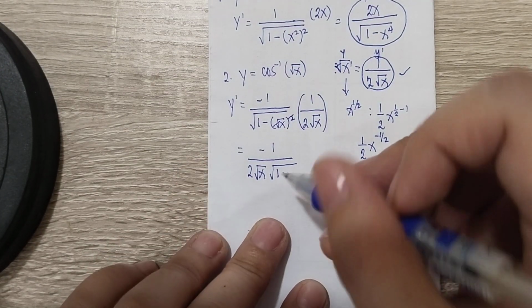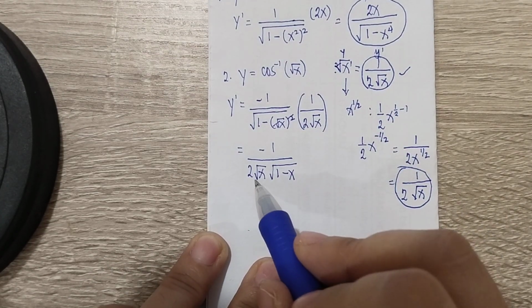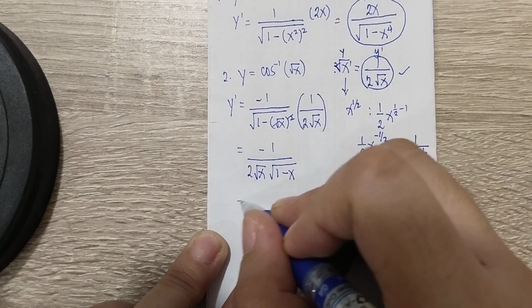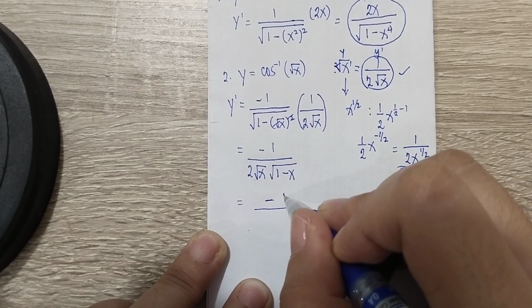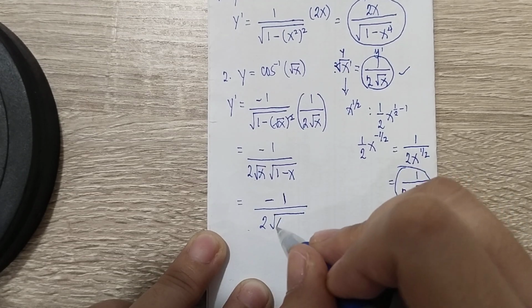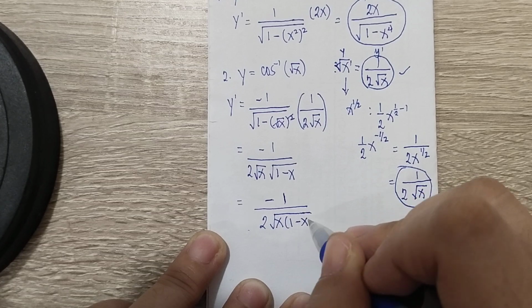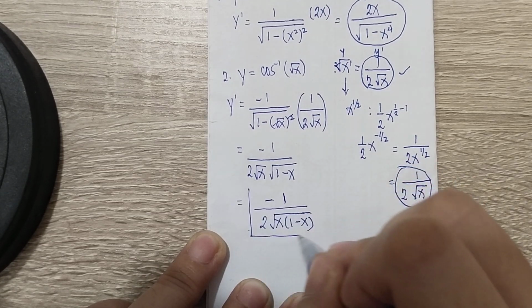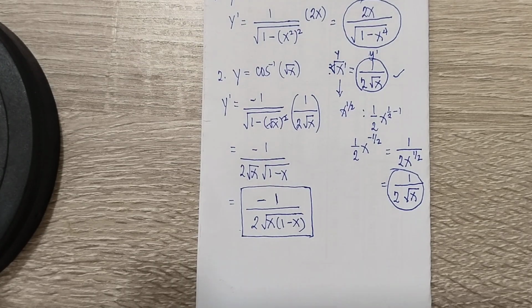Kasi square root of x na naka-squared, so 1 minus x na lang. So, since parehas sila square root, pwede pa natin silang pagsamahin. So, we have negative 1 all over 2 square root of x times the 1 minus x. So, ito po, tatanggapin ko na itong final answer na ito.